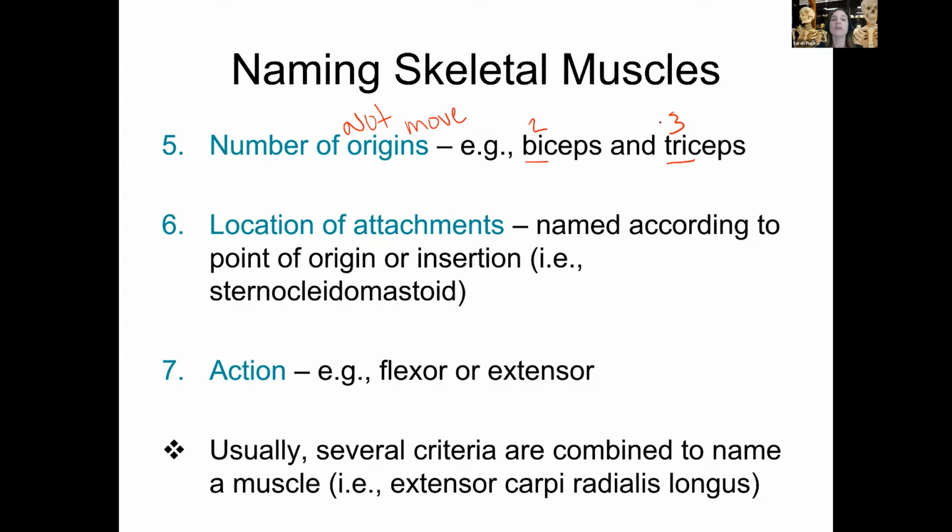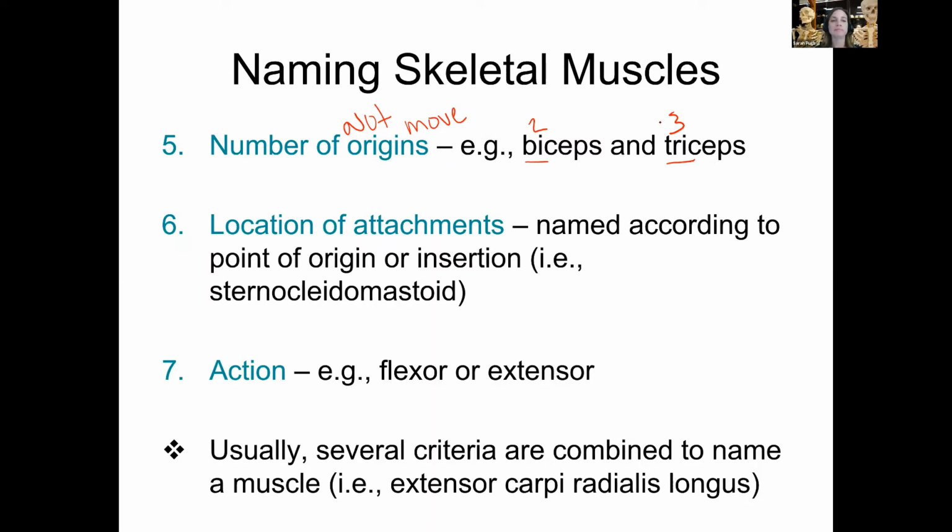We can also name our muscles based on the location of their attachments. So basically their origin and their insertion. Great example of that is the muscle I gave you earlier, the sternocleidomastoid muscle. It is named for the origin, sternum and clavicle, sternocleido, and the insertion, mastoid.